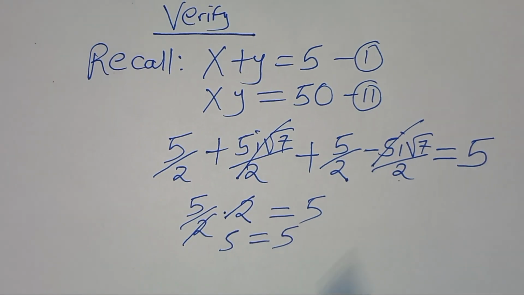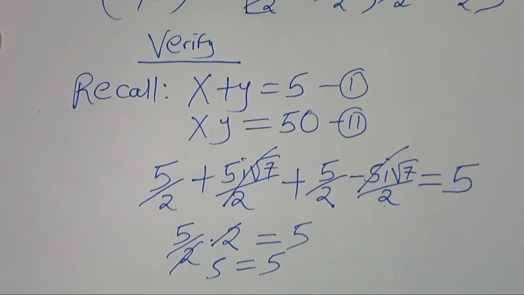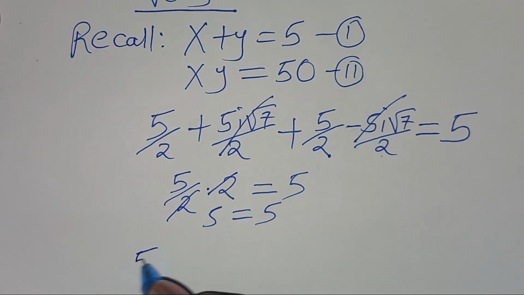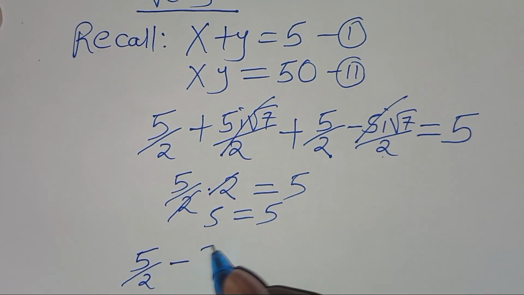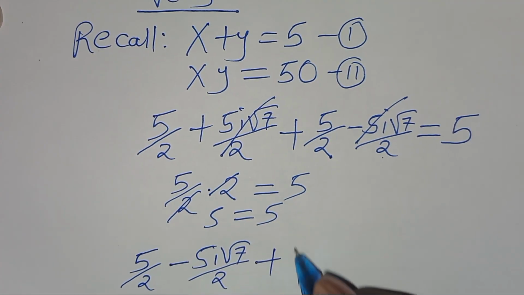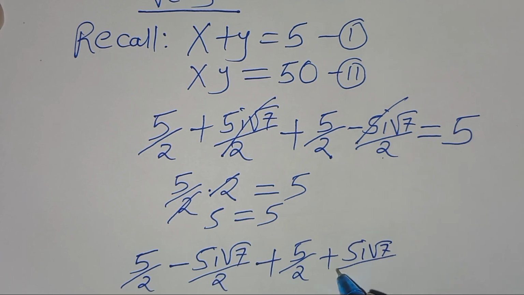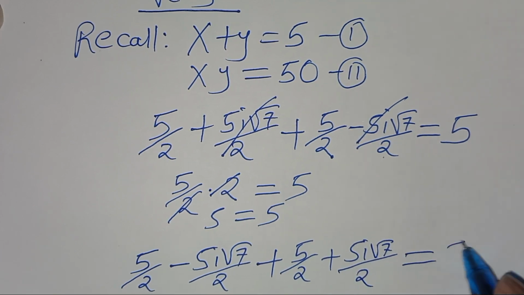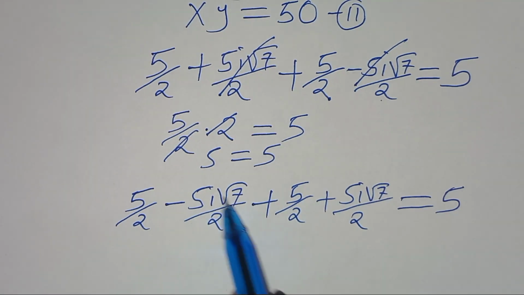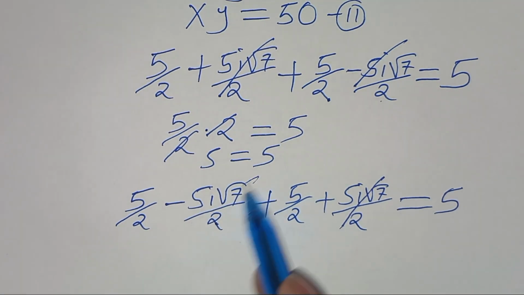Now let's check x2, y2, if this satisfies the equation. We have 5 over 2 subtract 5I square root of 7 divided by 2 plus 5 over 2 plus 5I square root of 7 divided by 2. This should give us a value of 5. So again here, minus 5I square root of 7 divided by 2 plus 5I square root of 7 divided by 2, this simplifies.